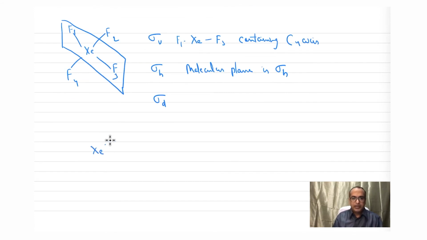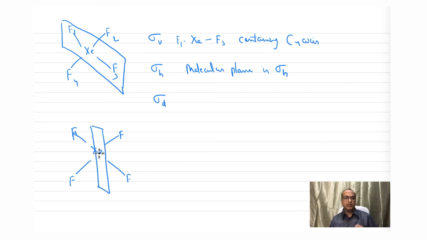So Xe, again let me draw this molecule quickly. F. Now this particular plane, again, which is containing this C4 axis, so it is perpendicular to the plane of the board and is actually bisecting the angle.